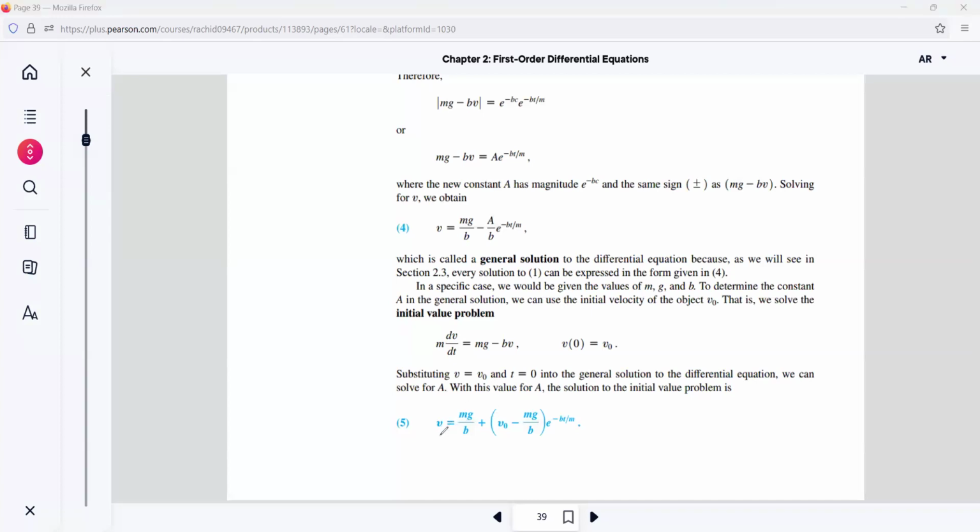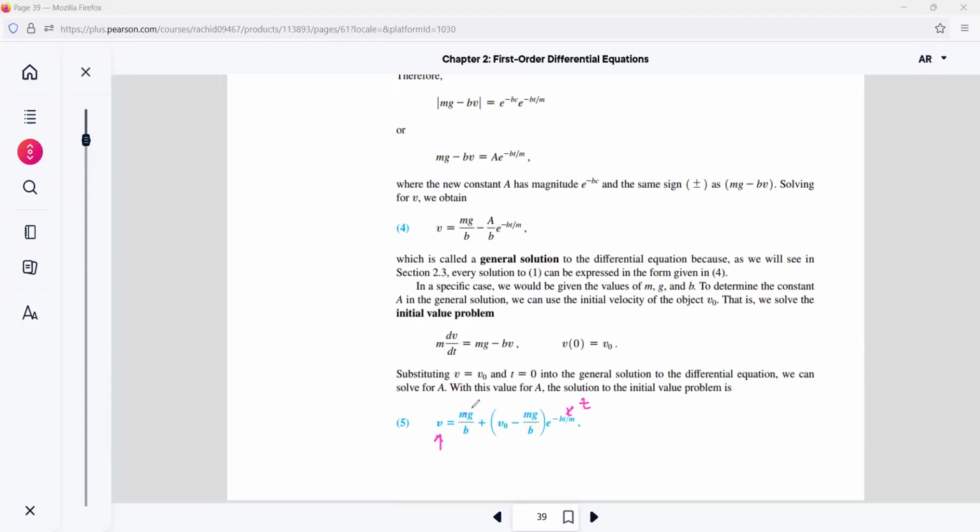Look, you have a function, the dependent variable. T is the independent, and you have some constants here, the mass, the g, and some initial velocity.